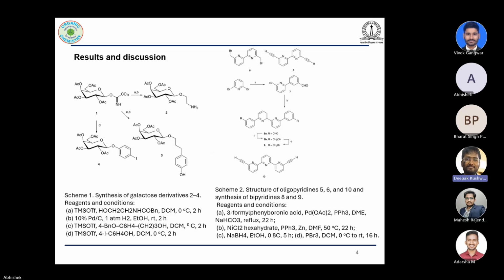I was thinking, which kind of linker are you planning to introduce? I'm thinking about this bipyridine. Sir told in the last two meetings that it is better to do the reaction with anthracene methanol. So better to do the phenol and naphthyl and then compare the three molecules and see the anomeric peak. So that's why. Yeah, that is good.